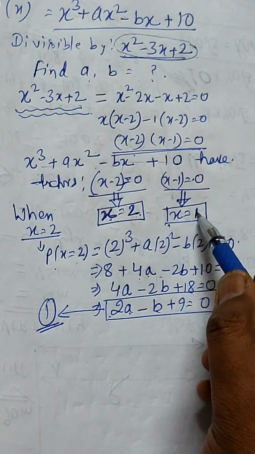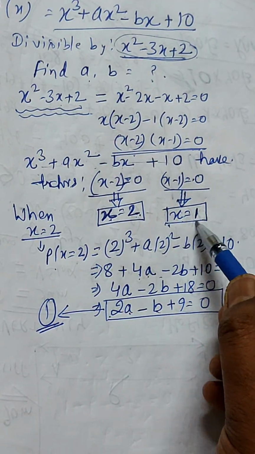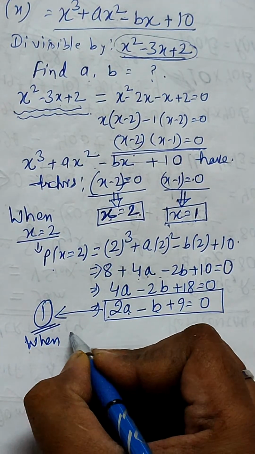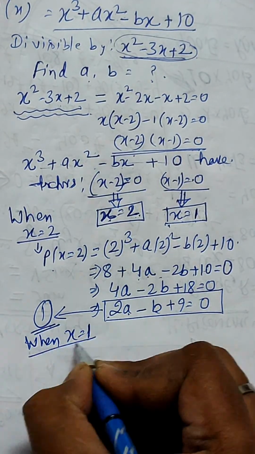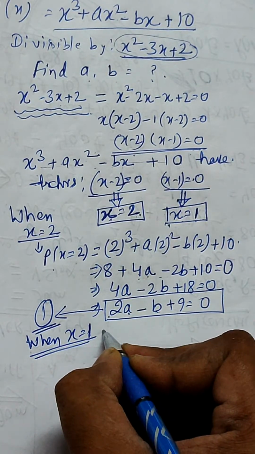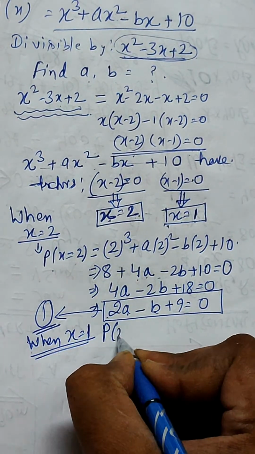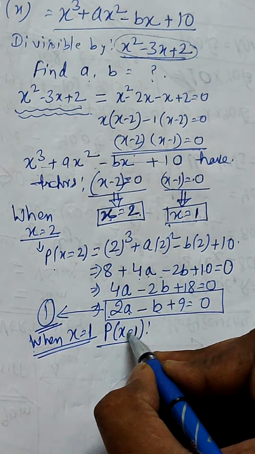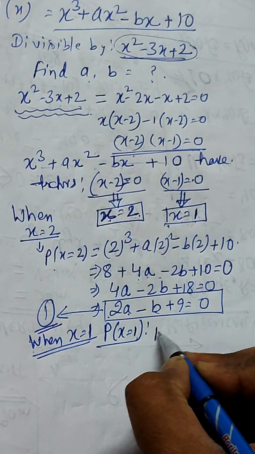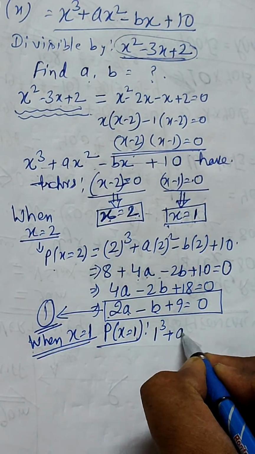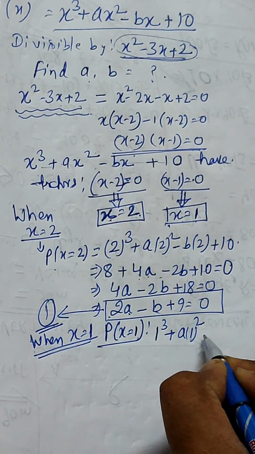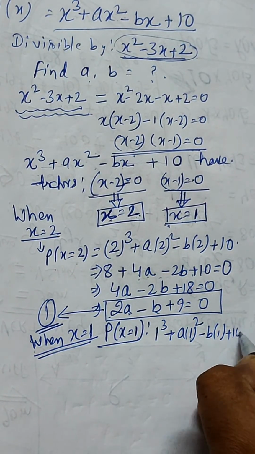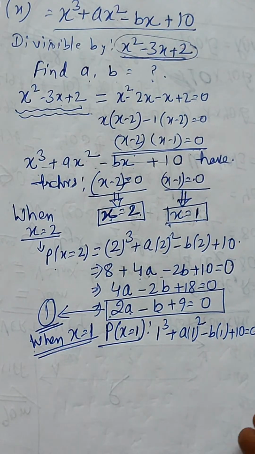Now just put in the value of another factor, that is x equal to 1. So when x equal to 1, that means p of x at 1 will give you the above polynomial as 1 cube plus a into 1 square minus b into 1 plus 10, which is equal to 0, right?